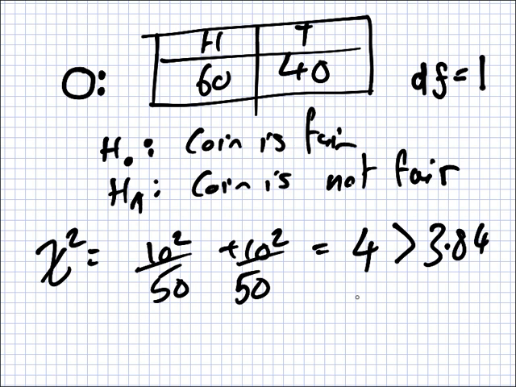It's too big, so therefore reject H0. Right? Not bad, really, is it? There is evidence that the coin is not fair. Another one? Yeah, for sure.